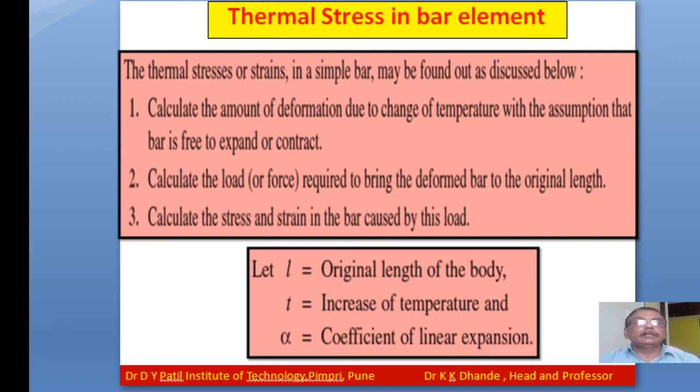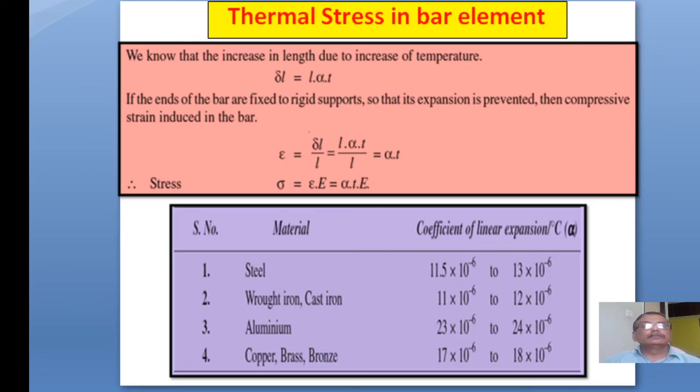So L is equal to the original length of the body, T is equal to the increase of temperature, and alpha is equal to the coefficient of linear expansion. According to that, the increase in length due to the increase of temperature, delta L, is equal to L into alpha into T when the body is free to expand.